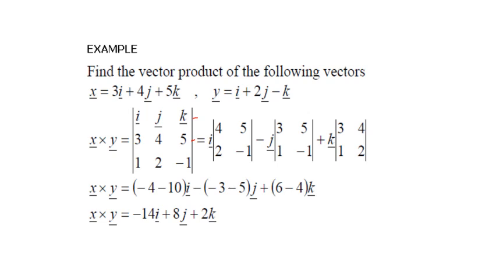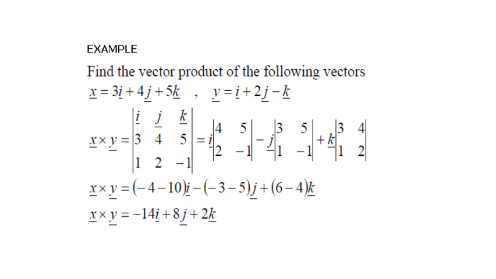So what is the step? First, initially consider i. This row and this column should be eliminated, and the rest of the components are 4, 5, 2, minus 1. So this is your determinant: i times of this determinant, minus. So what is your jth component?